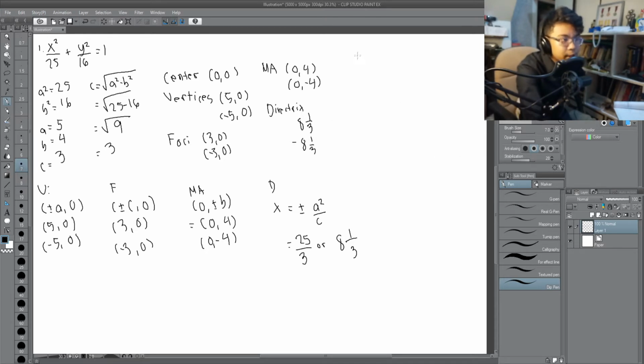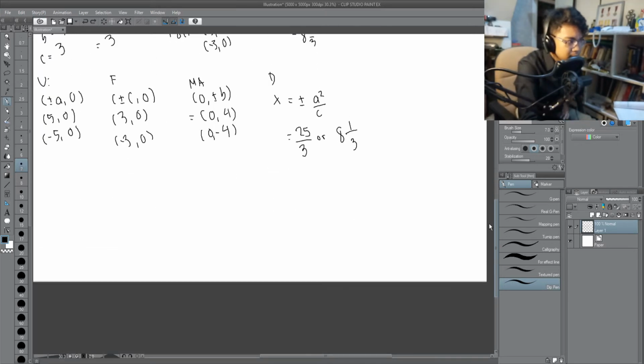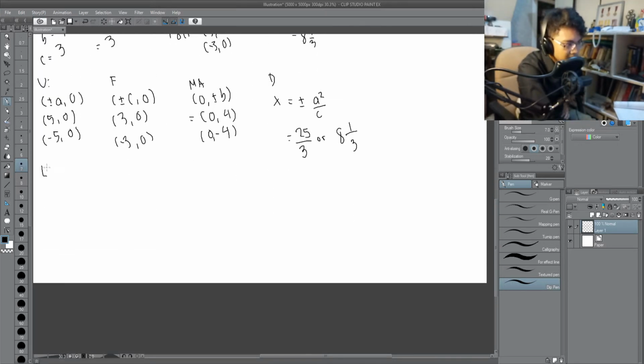We have to solve the latera recta, or the latus rectum. I'm gonna solve that down here since it's gonna be quite lengthy. So LR. To solve for the latus rectum, or the latera recta, you have to use the formula negative c, plus minus b squared over a.